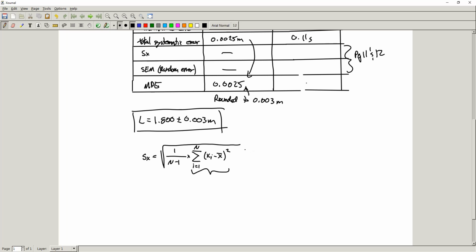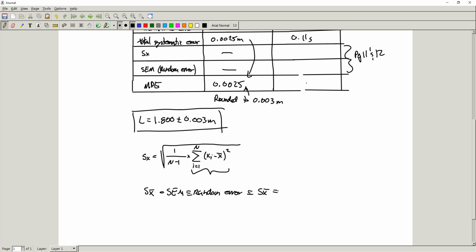Once you have your standard deviation, you're then only one short step away from getting your random error. I'm going to write the random error like this, but sometimes it's written as SEM or random error. And I'm just going to rewrite it again.